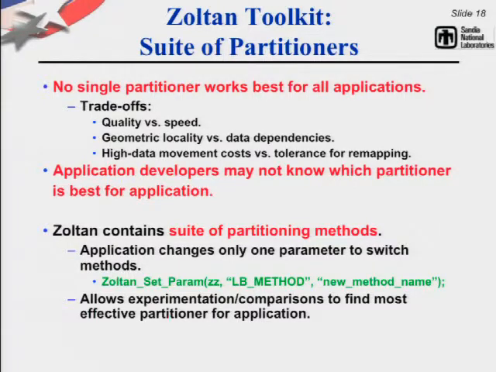So what are the trade-offs for partitioning? Since the partitioning problem has multiple objectives and multiple constraints, there's no unique optimal answer, or at least there's no polynomial time algorithm to find the optimal answer.